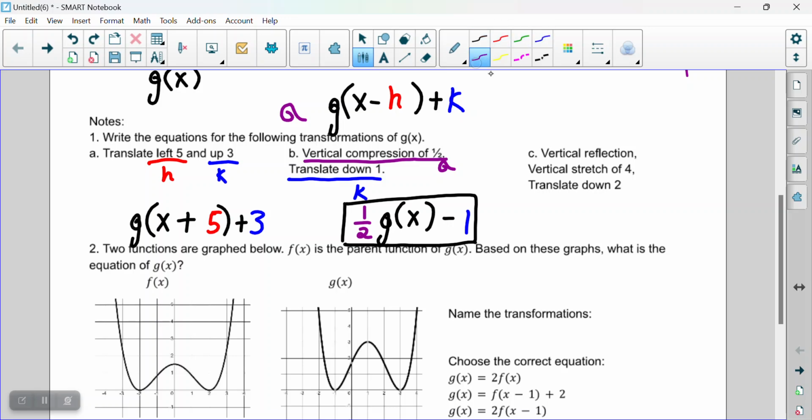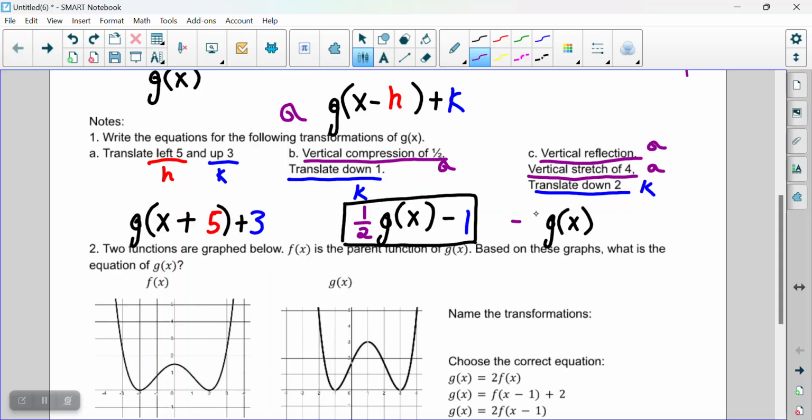Okay. Vertical reflection. That's your A. Vertical stretch. That's also your A. Down 2. That's your K. No left or rights for this one. Okay. G of x. Well, how can you reflect and stretch? A reflection is if A is negative. So it's going to multiply by a negative and multiply by 4.